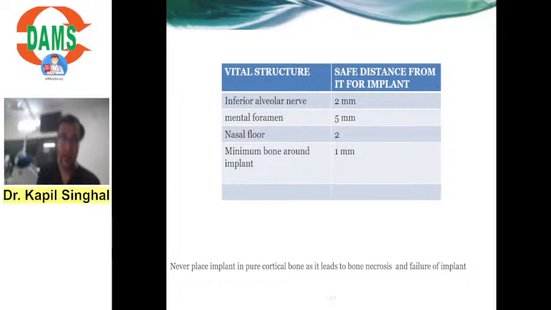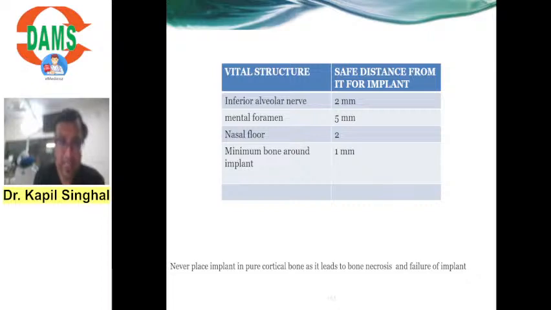Okay, now the safe distance from the inferior alveolar nerve should be 2 millimeters. Similarly, from the mental foramen, because in the mental foramen there is a loop that travels in a forward and then in a backward direction, and that loop is around 5 millimeters.